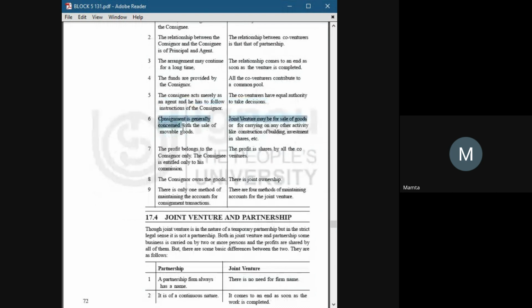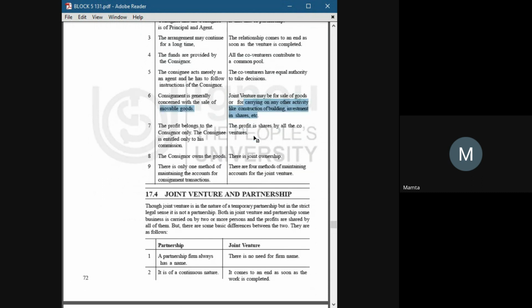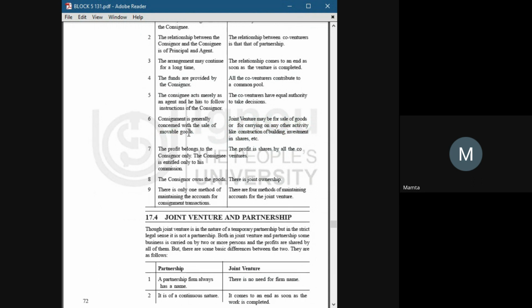Consignment is generally concerned with the sale of movable goods, but a joint venture may be for sale of goods or for carrying on any other activity like construction of a building, investment in shares, etc. In consignment, profit belongs to the consigner only, and the consignee will get commission.